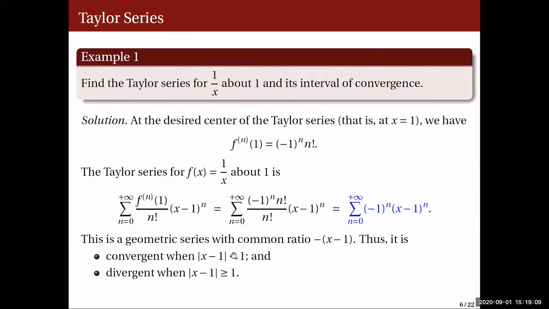So in this case, this geometric series is convergent if the absolute value of x minus 1 is less than 1, and is divergent otherwise. Solving this inequality, we get x minus 1 is between negative 1 and 1, or x is between 0 and 2. And so we say that the interval of convergence of this power series is the open interval 0, 2.